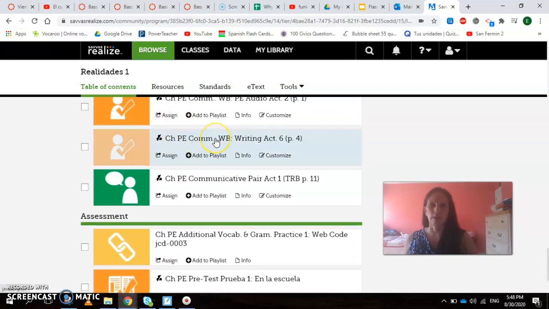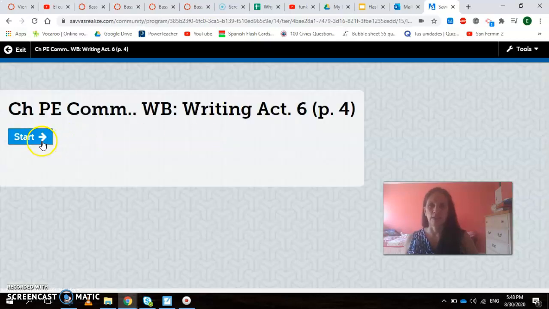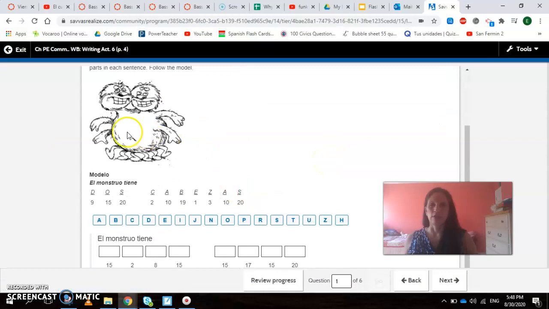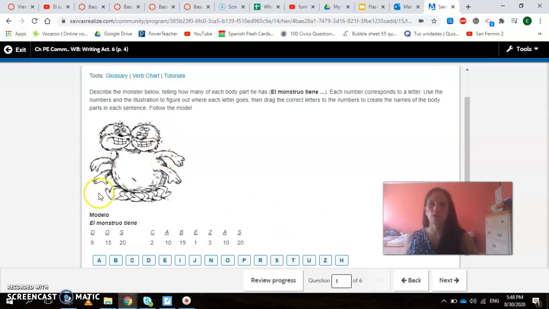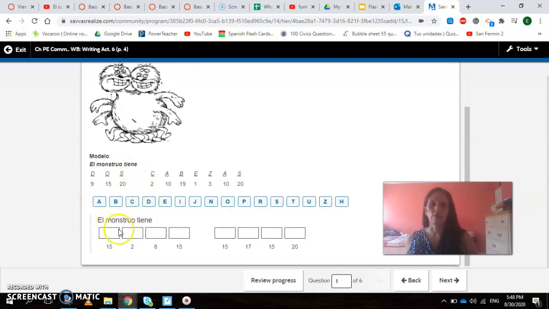The next one, if I'm not wrong, is this one. Yes. So in this one, you are going to look at this monster, and there is a code. That means each letter is represented by a number. So if you are going to complete this one, you had number 15 here. You look for number 15.